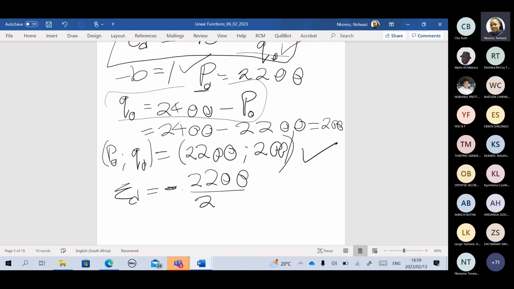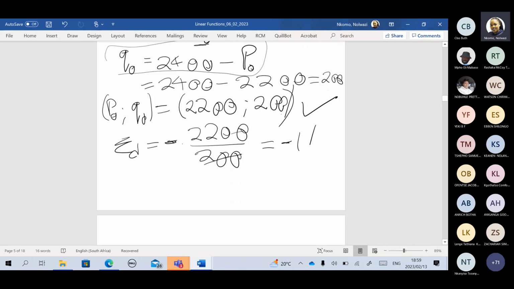So this means our elasticity of demand is equal to minus 2,200 over 200. And if we use our calculator, we will obtain minus 11, right? So this means our elasticity of demand is minus 11, right?